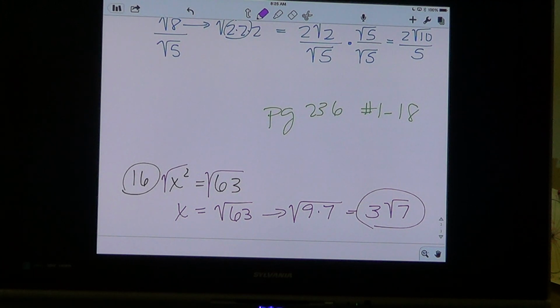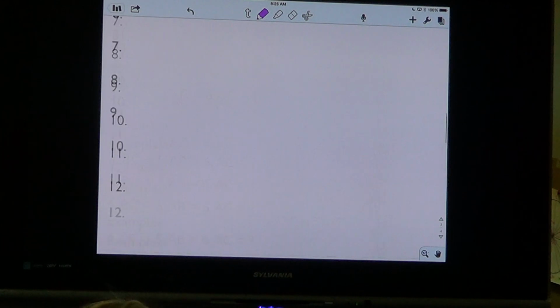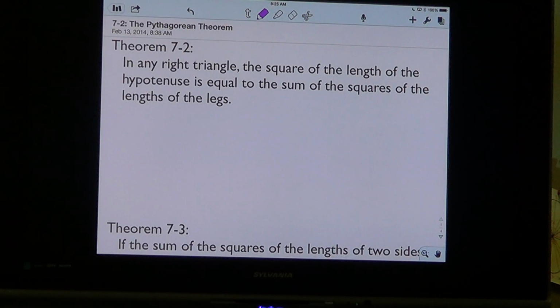No? Okay. Then we're gonna start with the Pythagorean theorem. I'm sure you've heard of the Pythagorean theorem before. In our book, it's theorem 7.2, which says that in any right triangle, the square of the length of the hypotenuse is equal to the sum of the squares of the length of the legs.